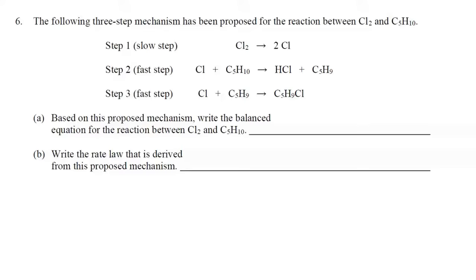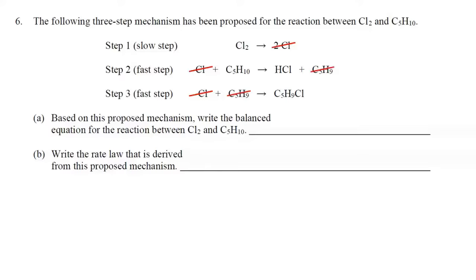So in step 1, I see 2 atoms of chlorine, and I see an atom of chlorine as a reactant in step 2 and also in step 3. So I've crossed those off. I see C5H9 as a product in step 2 and C5H9 as a reactant in step 3.